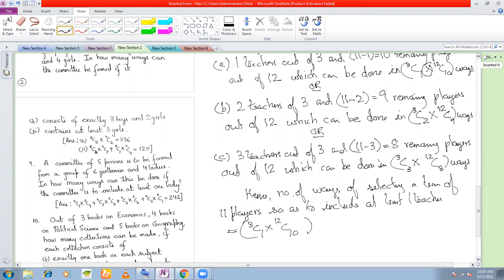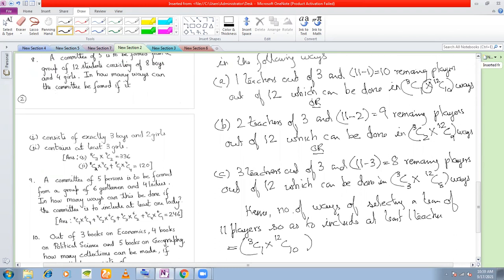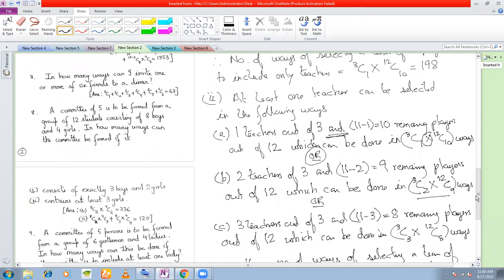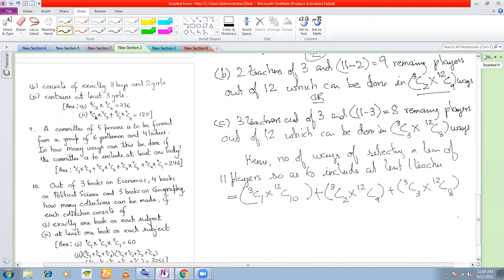Why have I given this multiplication sign? Because of this and that you see, and because of this or, you will have a plus sign. This 3C2 into 12C9 plus 3C3 into 12C8. Okay, and you can calculate this to be 1353. Clear? Can move on to the next one.